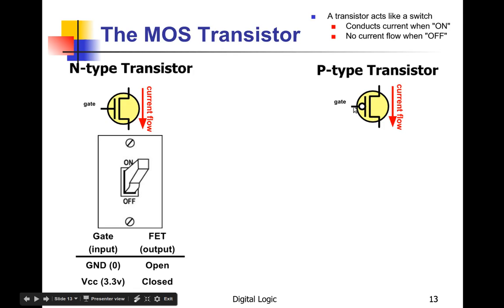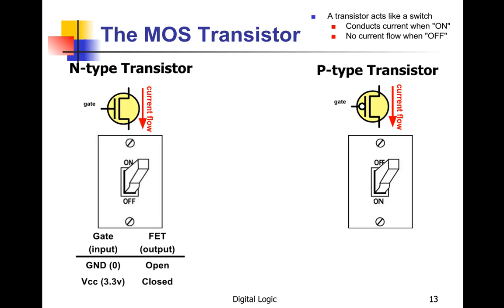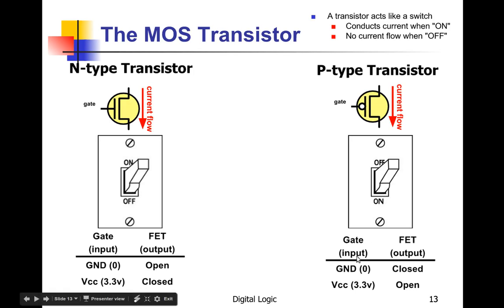When you put a positive voltage on here, then it scares those holes away and no current flows. So it's like a switch, only notice when the other one was on, this one is off. If you put a positive voltage on this one right here, it turns it off. If you put a negative voltage or a 0 voltage on it, it turns it on. So here's the story. You put 0 volts on, it's closed. 3.3 volts on, it's open.